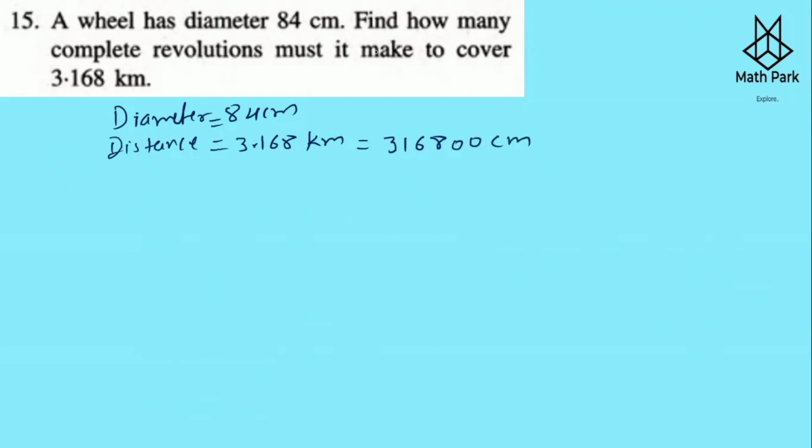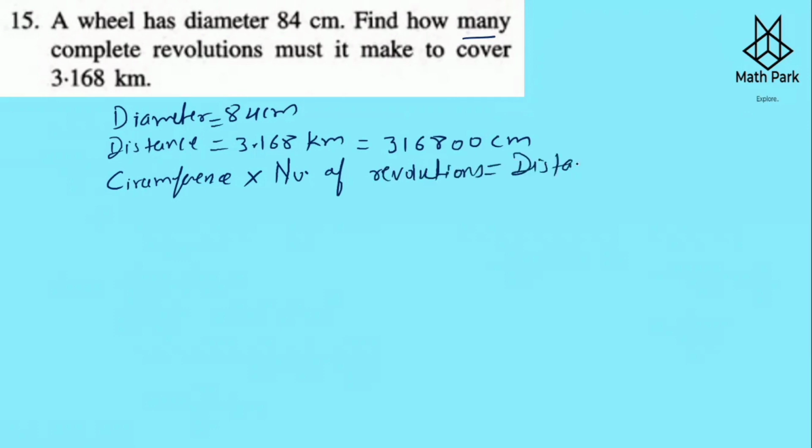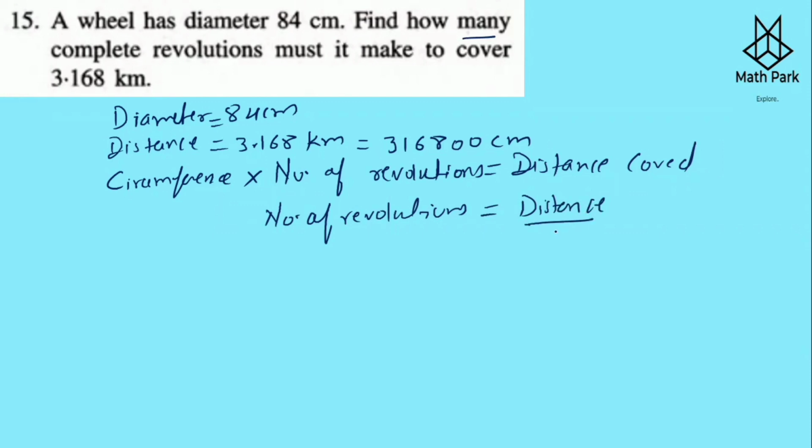Then you are asked to find how many revolutions. So you have circumference into number of revolutions is equal to distance covered. So the number of revolutions is equal to distance covered divided by circumference.